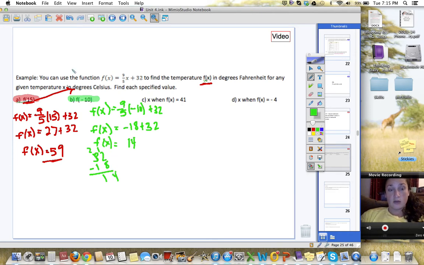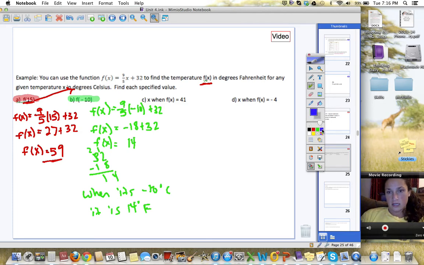So this is telling me when I am negative 10 degrees Celsius, that means I'm 14 degrees Fahrenheit. So if you want to write that: when it's negative 10 degrees Celsius, it is 14 degrees Fahrenheit. That's what that's saying in the real world.